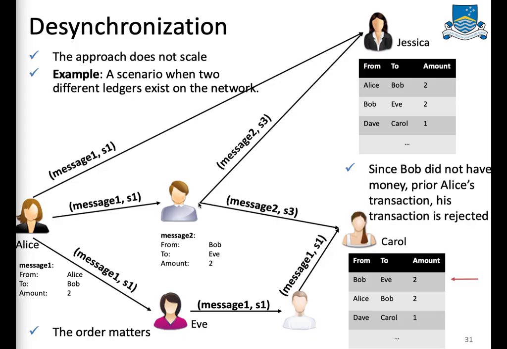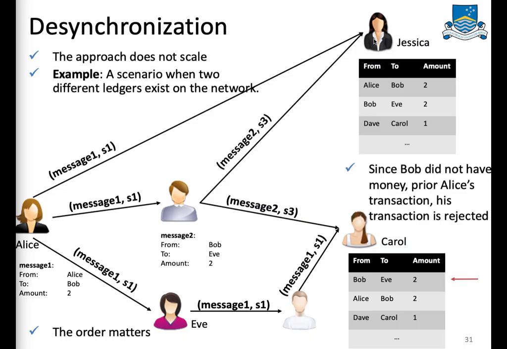He then happily advertises to everyone the payment of these funds that he just received to Eve, for example. Carol gets this transaction and checks whether in her ledger Bob does have enough funds to pay Eve. And the verification unfortunately fails because she has not yet received the payment transaction from Alice to Bob.